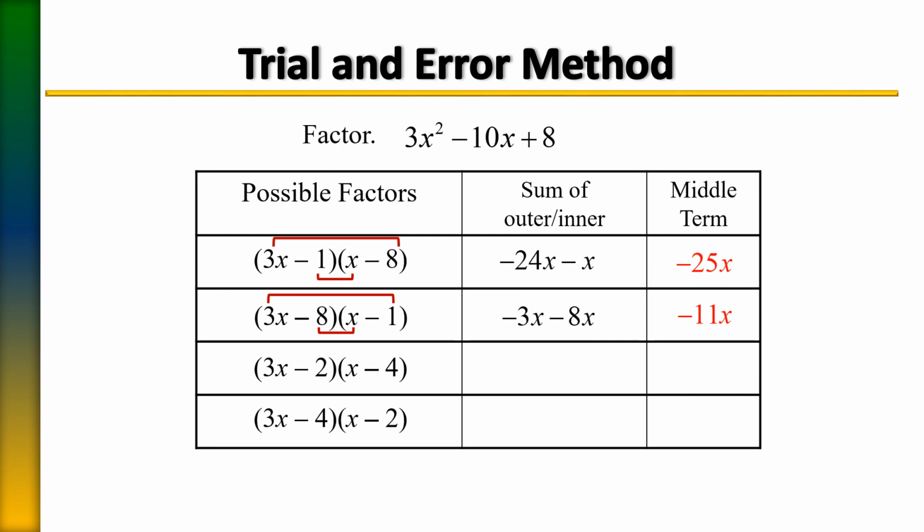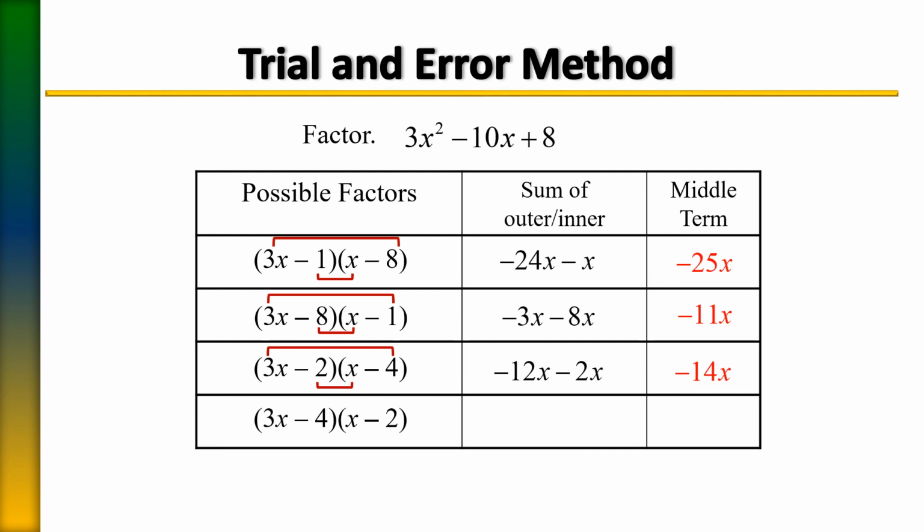Outer is negative 12x. Inner is negative 2x. That's going to give us a total of negative 14x. And again, that is not my middle term. So we have one last possibility.